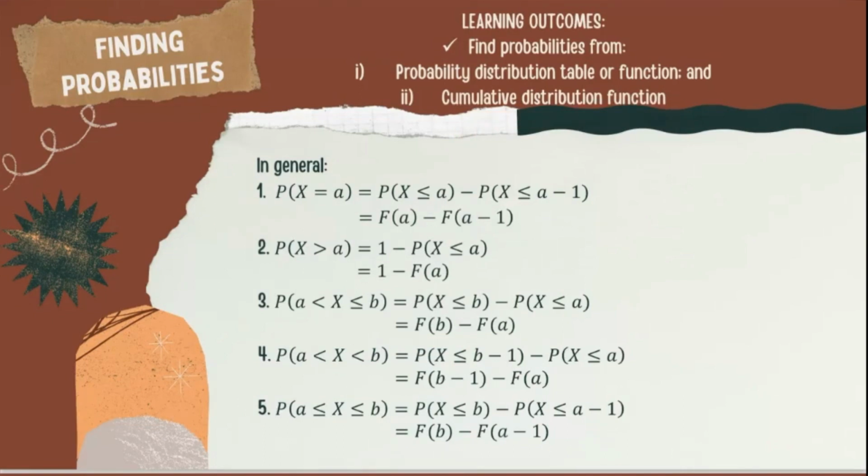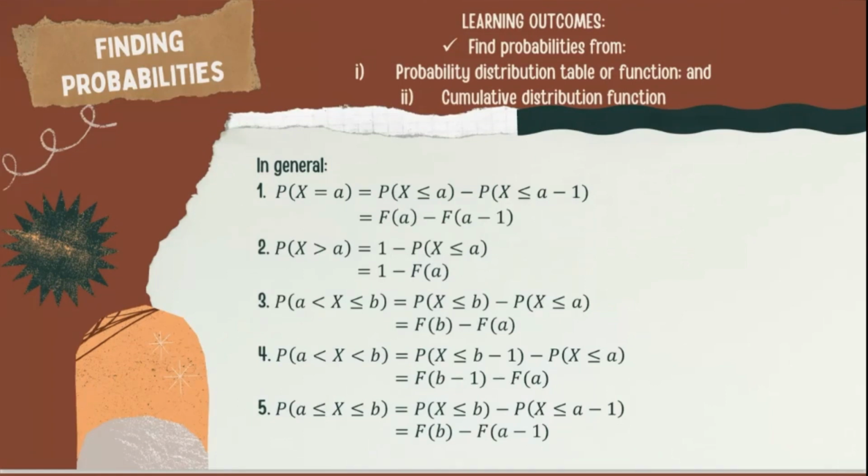Okay, so let's say this one P adalah probability of X equals to A. So probability when X equals to certain values. So kalau dia adalah PDF, we can get straight directly the values, okay, daripada table ataupun daripada kita punya diagram lah.